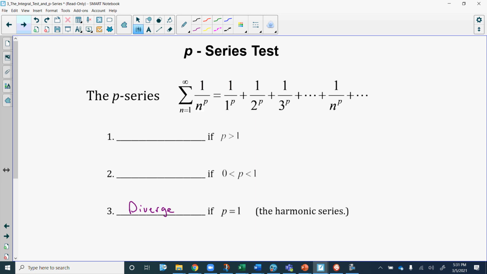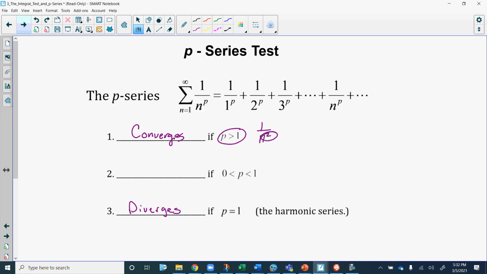Okay, so here it diverges. Now, what happens if it's greater than 1 or less than 1? Well, we've already seen what happened when something was greater than 1. That's where we looked at 1 over n squared. In this case, the p-value is 2. It's greater than 1. So that one showed that it does have a finite sum, and that one will converge.